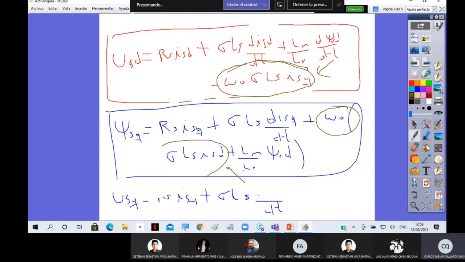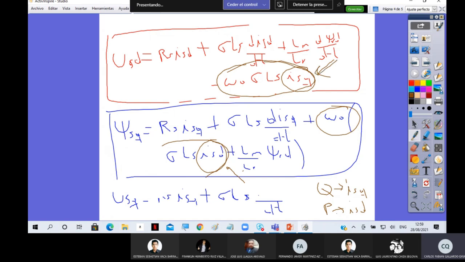So pay attention. I will have here the stator current on Q axis. I will have here the stator current on D axis. So normally, in order to control the reactive power, okay, and the active power, I will use for this the stator current on the quadrature axis, and for the active power, the stator voltage on the d axis.